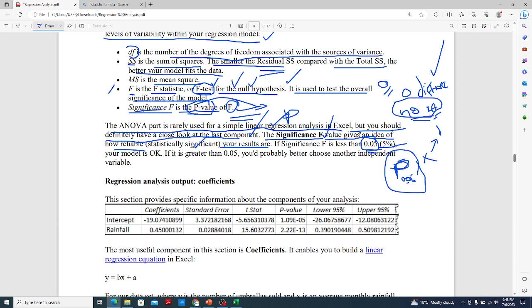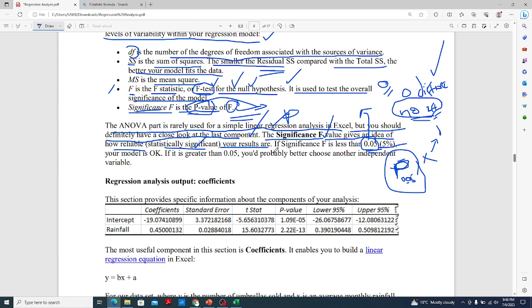So we use significance F to give us an idea of how statistically significant or reliable your model is.